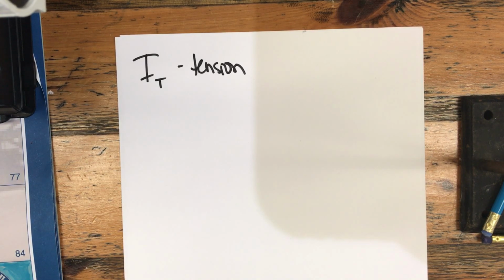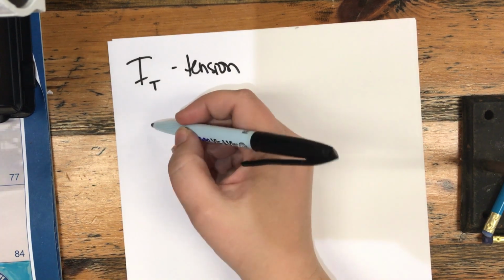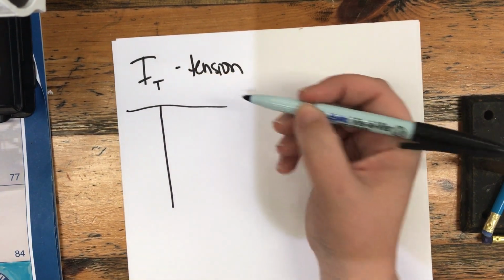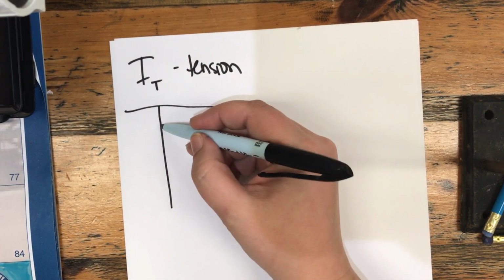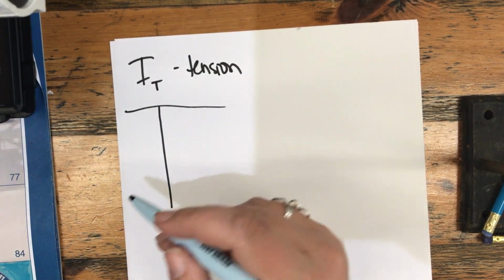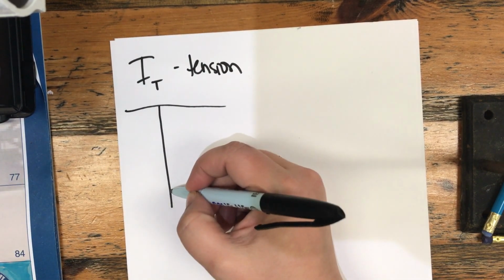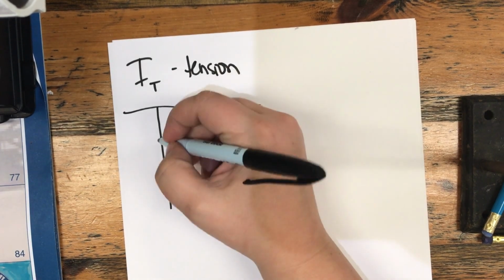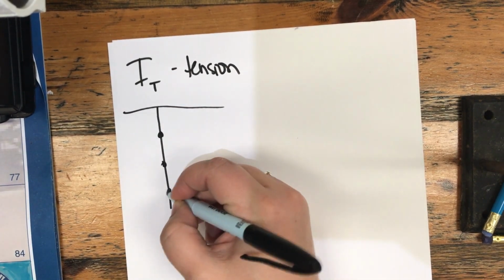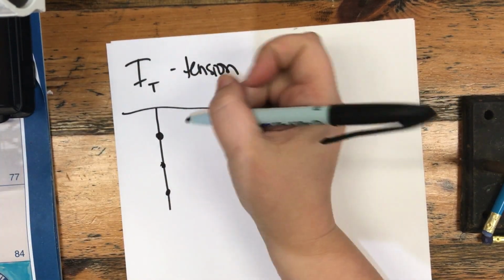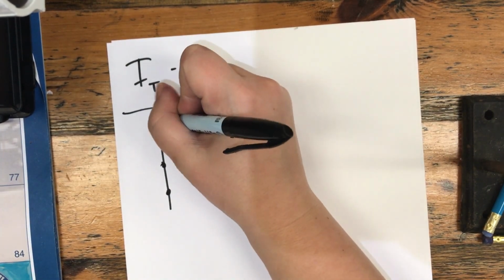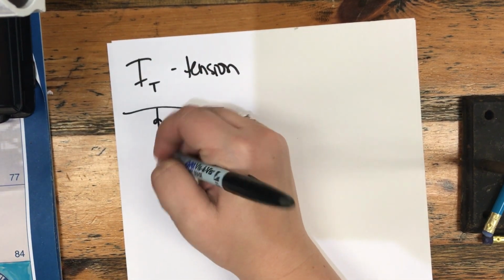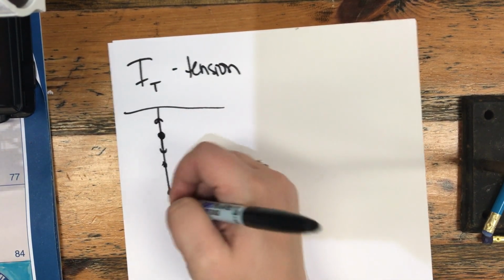However, we did see a free response where you had a string that was hanging vertically from the ceiling, right? And we were looking at what the tension is at different points. Because the mass of the string is at different points here, if we were to pick this point or this point or this point, the free body diagram for the part of the string right there would be the tension up and the gravity down. Whereas this would be the tension up and the gravity down, the tension up and the gravity down.